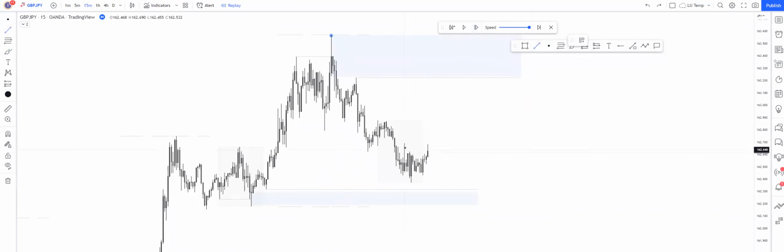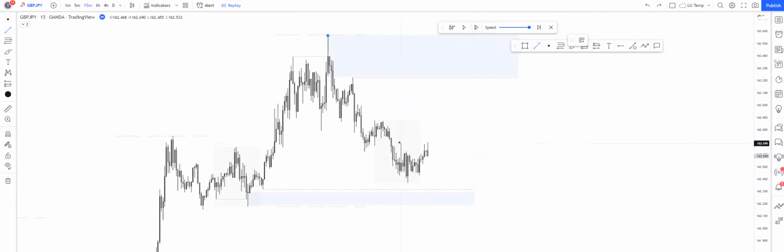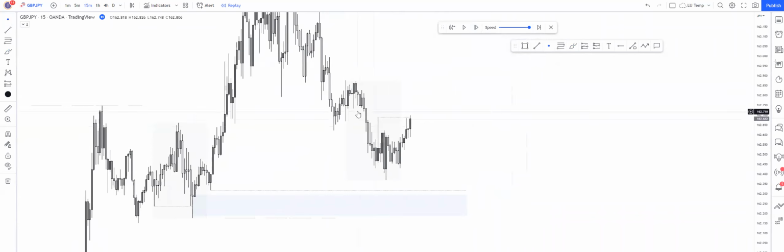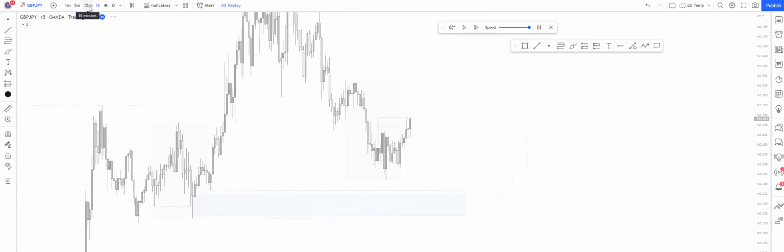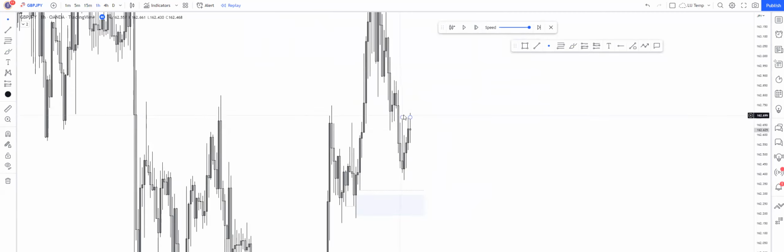If we take this high out, I'll look for some shorts here to target this. Yeah, so we could look at some shorts. I don't know why TradingView is freezing up. It's been doing this lately.